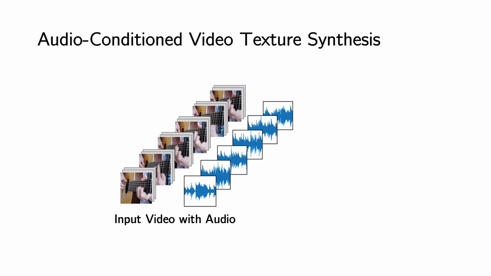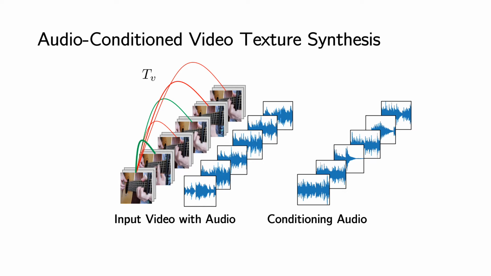Given an input video with audio, we extract video and audio segments. Next, we use the fitted bigram model to compute the edge weights and the transition probabilities for the video segments. Now, given a conditioning audio, we divide the audio into segments of the same size. We then compute similarity between the features of the first conditioning audio segment and the input target audio segments.